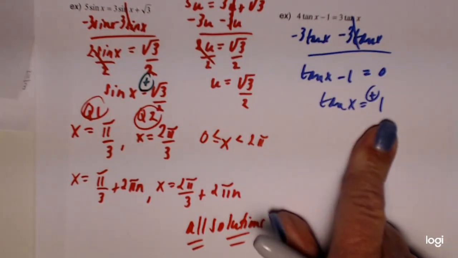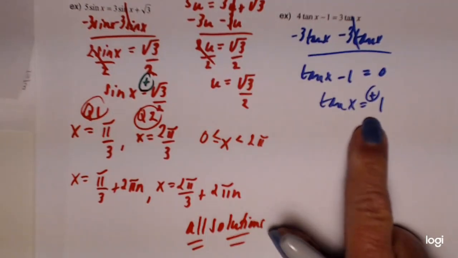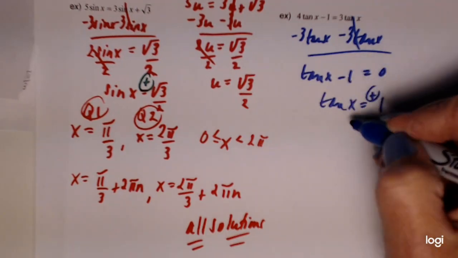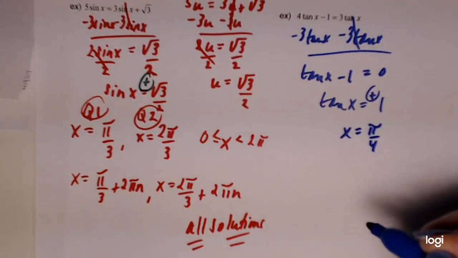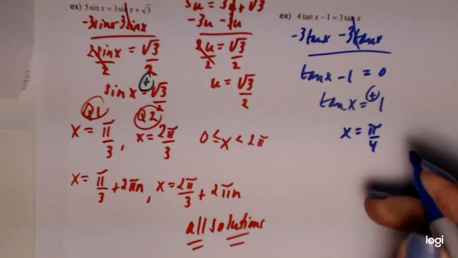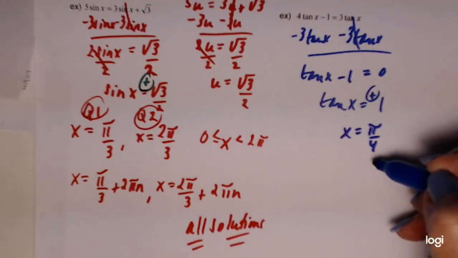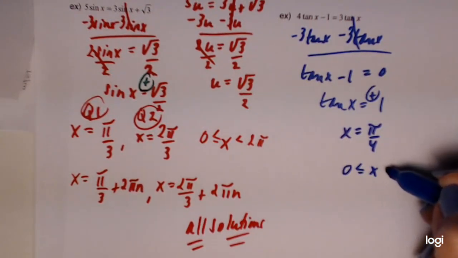We're not done. We want to know what angle has a tangent of 1. And again, you could use your inverse tan function on the calculator, but no need because you know this or you should know this. The angle that has a tangent of 1 is going to be x is equal to pi over 4. Now, tangent has a period normally of 0 to pi.